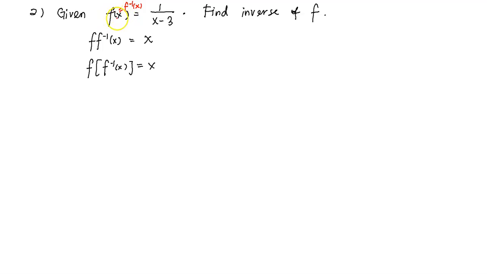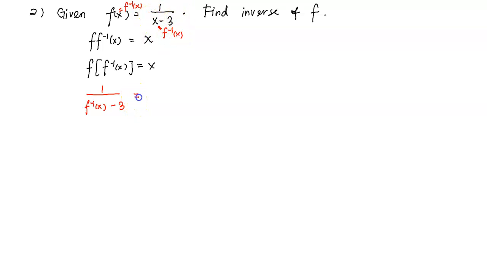So this x will be substituted as f inverse. What I have here is now 1 over f inverse minus 3. I have rewritten it into 1 over f inverse minus 3 according to the function given over here.